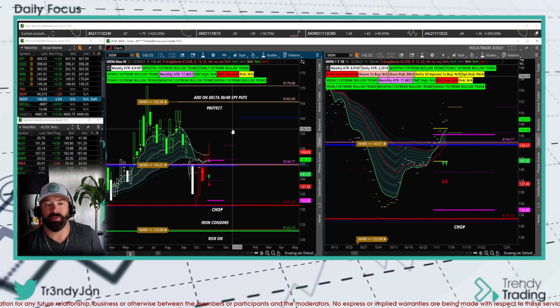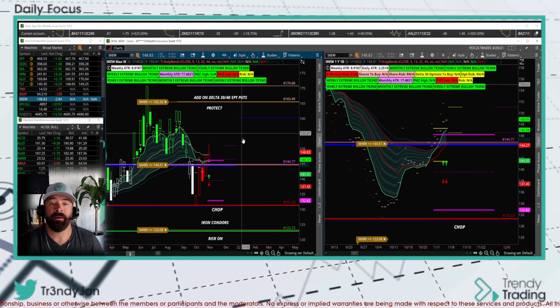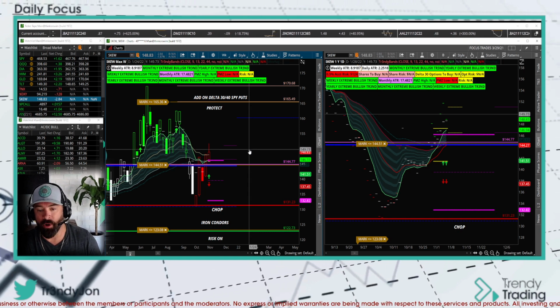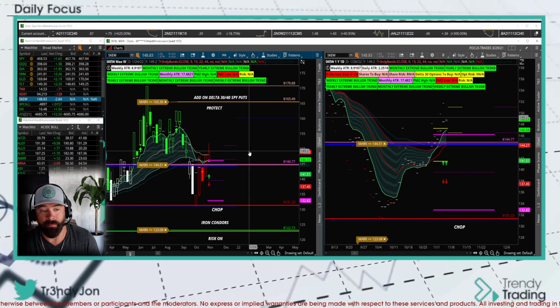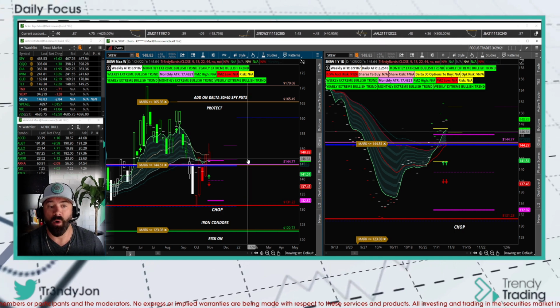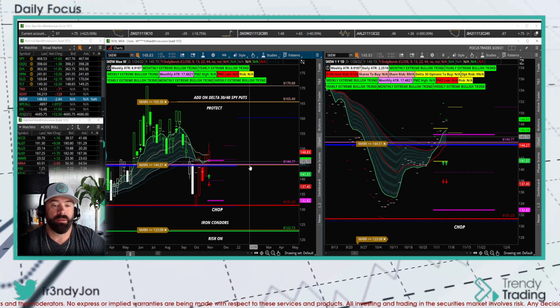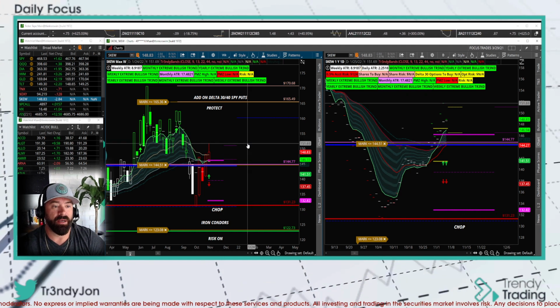Again, I have to follow these rules. They've helped me out for a very long time. So the SKEW is getting high. We know that we're going on 6 weeks of just a huge move in the market, and because of that, I want to be careful. Okay, so that is the SKEW coming in at 148.